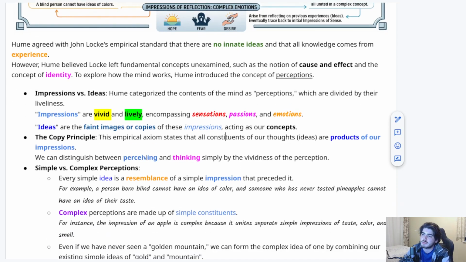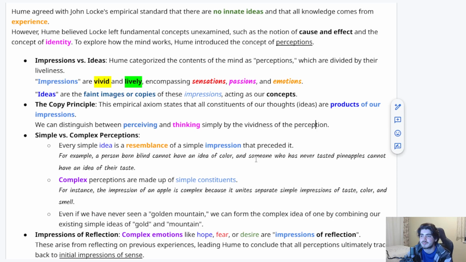We can distinguish between perceiving and thinking simply by the vividness of the perception. When you think about it, you can know that you're thinking about it because it's not as vivid as it would be if it were happening right in front of you.